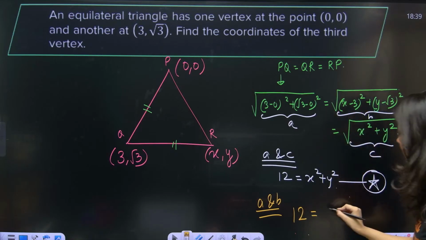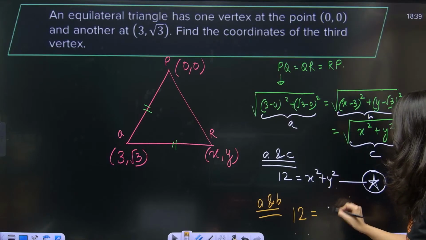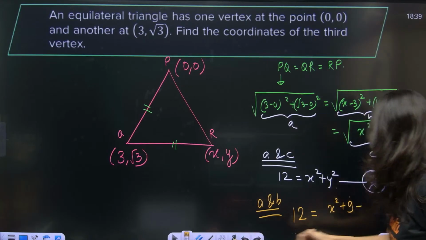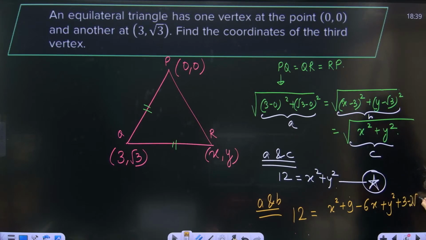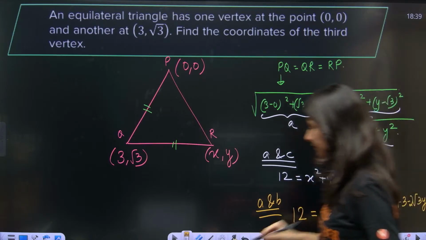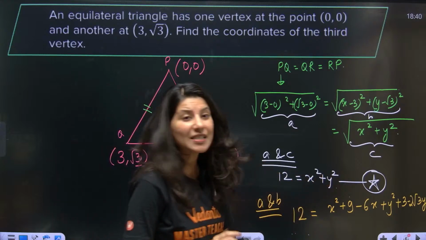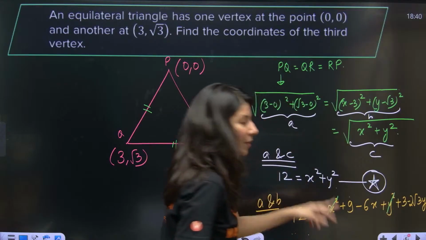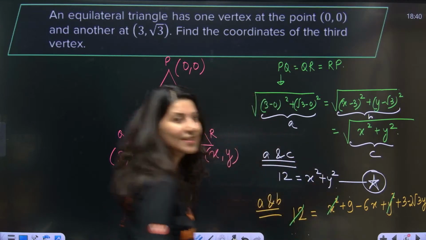12 is equal to x square plus 9 minus 6x plus y square plus 3 minus 2√3y. Now one thing, very interestingly, x square plus y square can be written as 12. So x square plus y square will be 12, and 12 will be cancelled out by this particular 12.